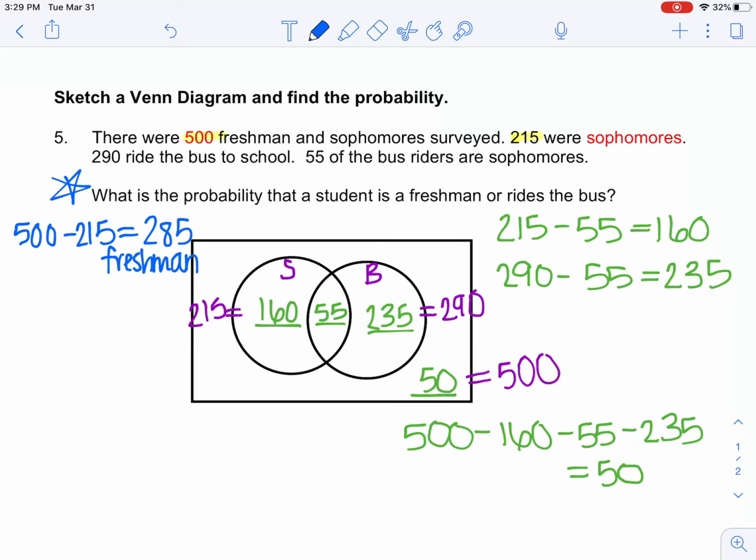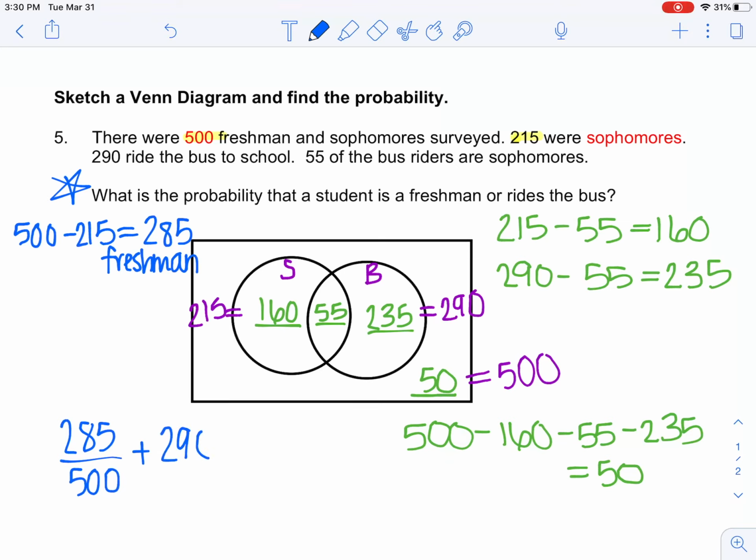Okay, so if we're trying to find the probability that a student is a freshman or rides the bus, we would start with the probability that a student is a freshman. So that is 285 out of our total 500 students surveyed. Then we would add the probability that a student rides the bus.